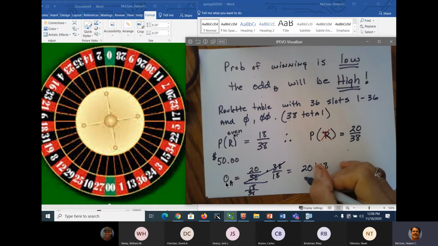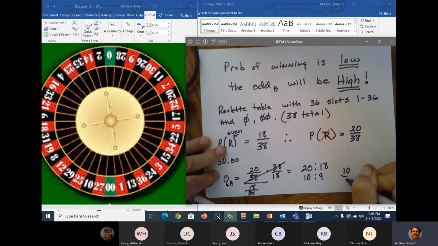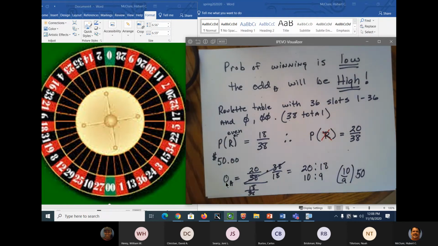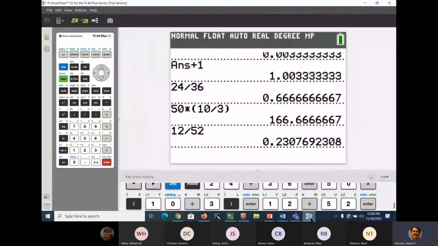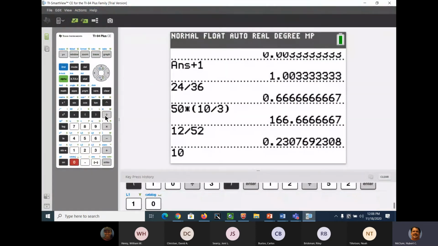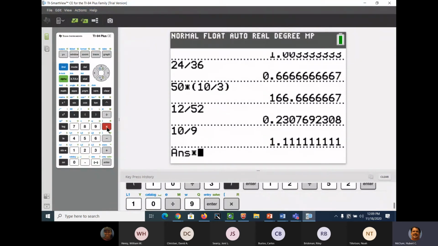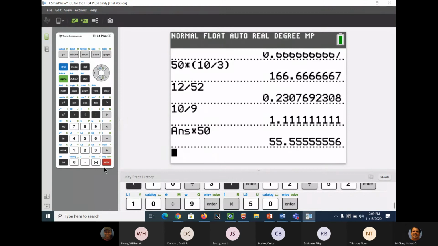Well, 2 will go in there. 10 to 9, or 10 over 9, times $50. Let's take our handy dandy calculator. 10 divided by 9 times $50. Woohoo! We won $5.56.